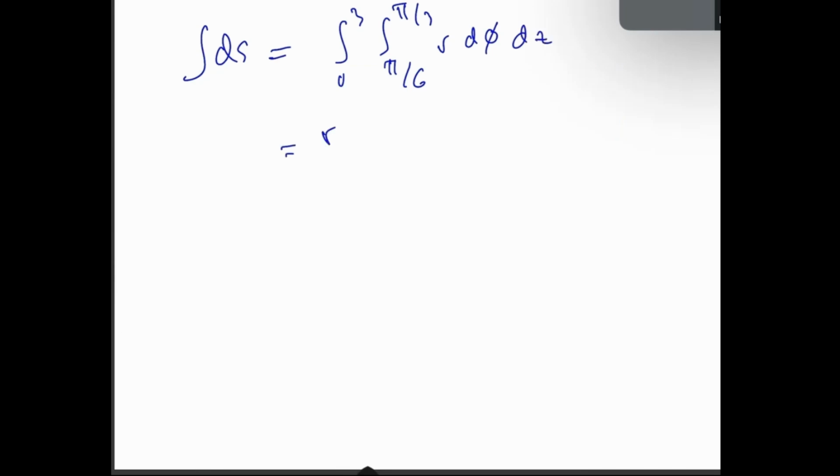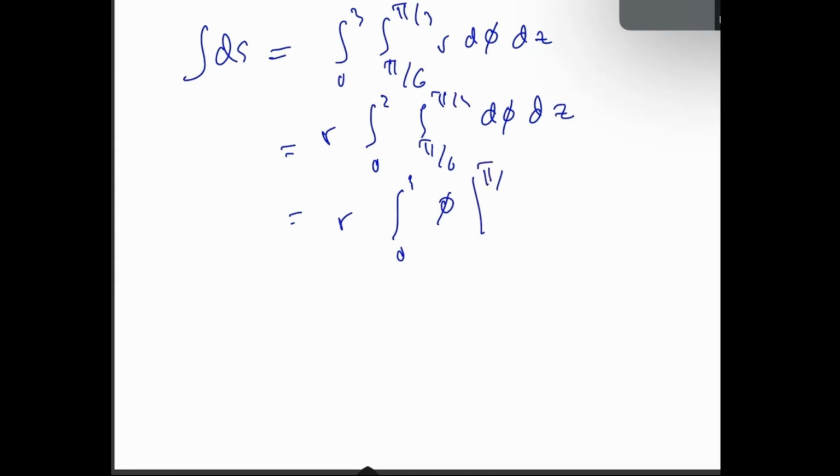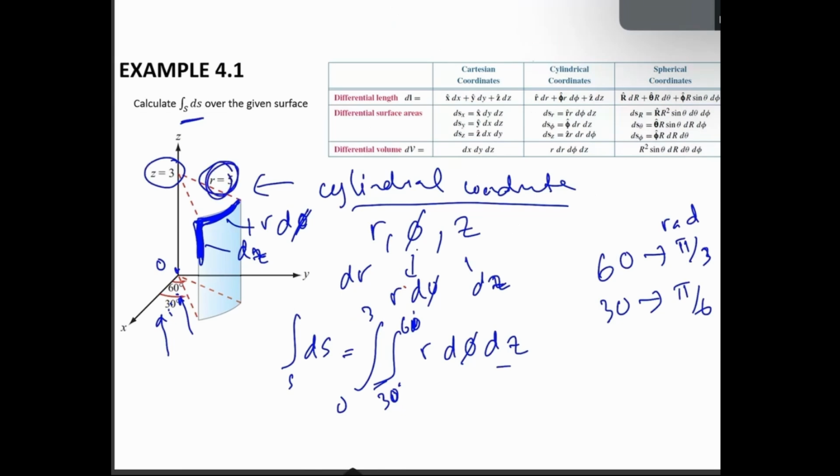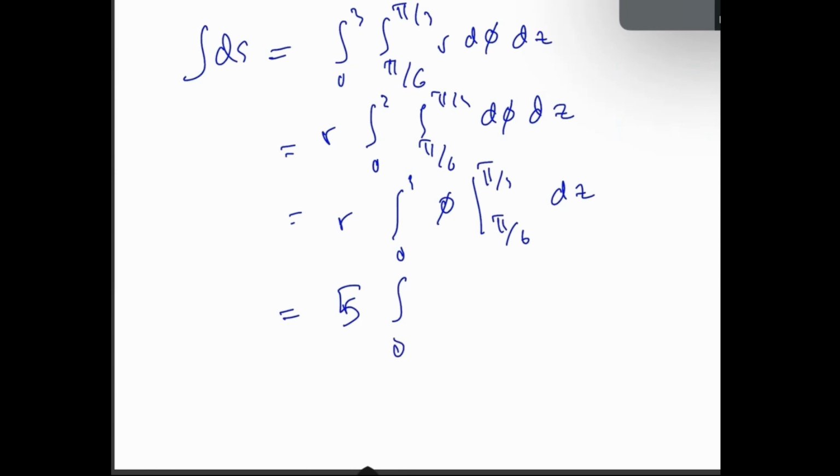We can take out r, so it is the integral of dφ and dz. r is 5, so just replace 5 here: 0 to 3, pi over 3 minus pi over 6, dz.